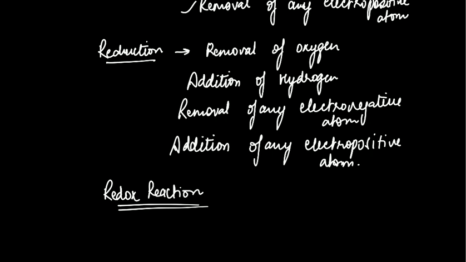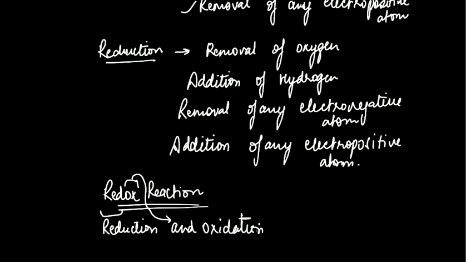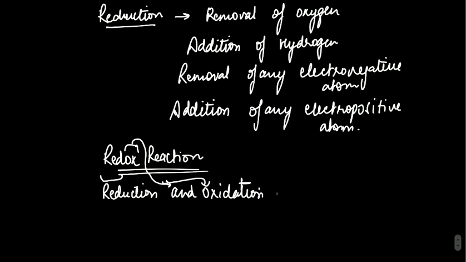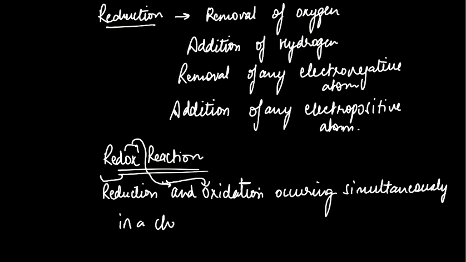That is something called as redox. So RED over here stands for reduction, and OX over here stands for oxidation. So reduction and oxidation occurring simultaneously in a chemical reaction.